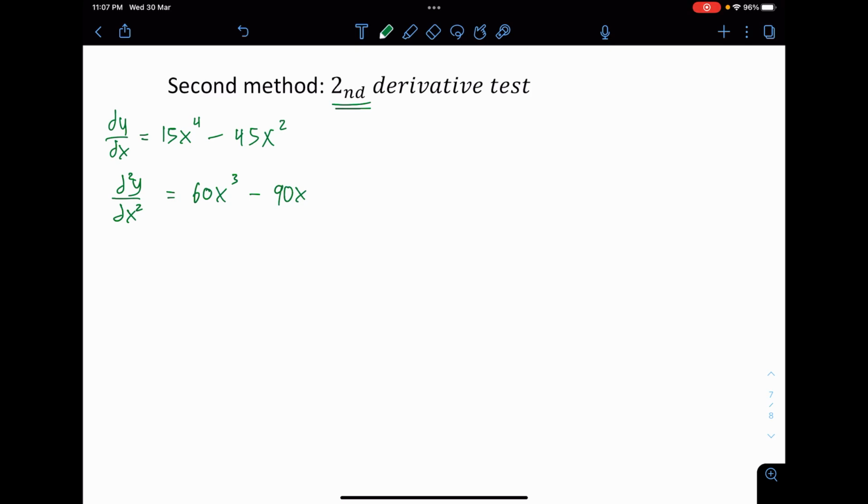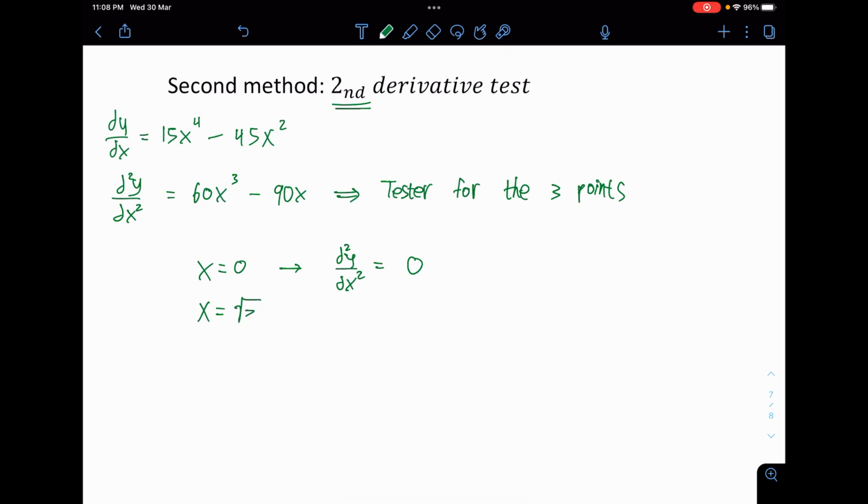Now what is this actually? Well, this is what I call a tester. Tester for what? For the 3 points that you got just now. So try when x equals 0. What is your dy dx? Sorry, d square y over dx square. That will be 0 minus 0, 0.